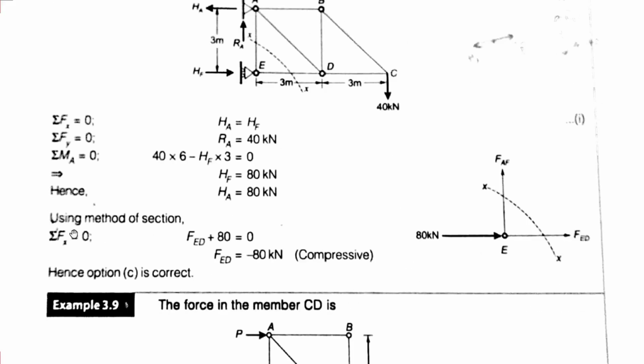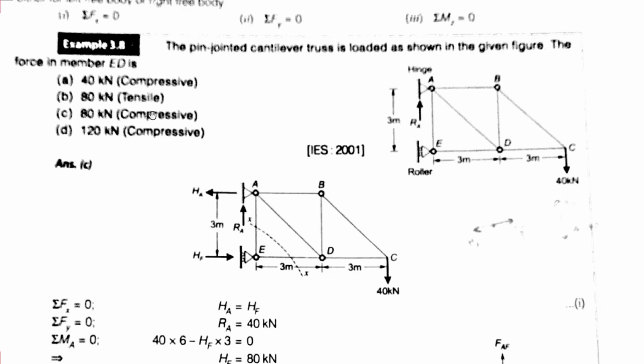So this is a cut, and using the method of section, summation of Fx is equal to 0 means FED plus 80 kilonewton is equal to 0. It means FED is equal to minus 80 kilonewton. The minus sign indicates that it is compressive in nature. Okay, so option C is correct here.